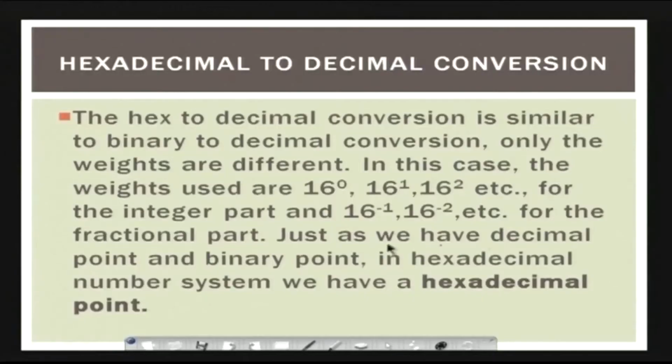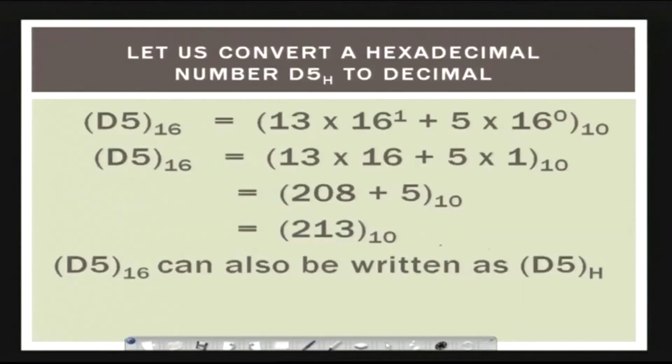For all integer digits we use the weights 16 power 0, 16 power 1, 16 power 2, etc., and for the fractional part we use 16 power minus 1, 16 power minus 2, etc. Just as we have a decimal point for a decimal number and a binary point for a binary number, we also have a hexadecimal point.